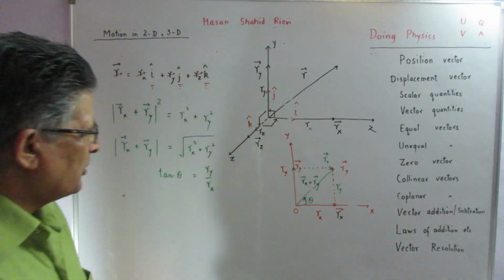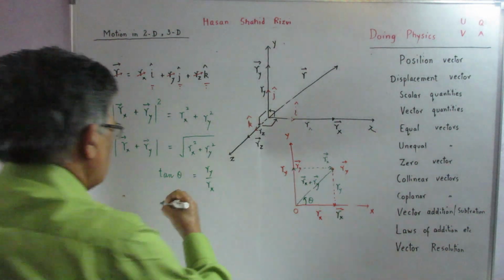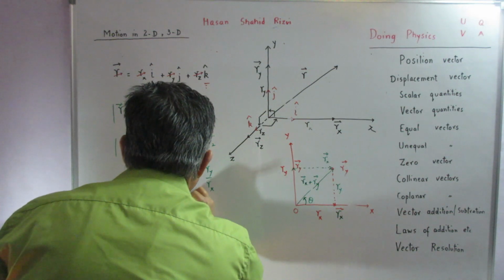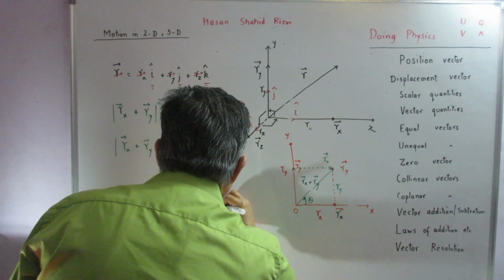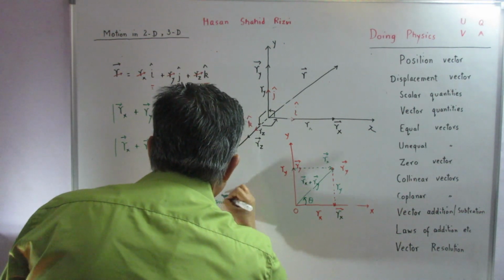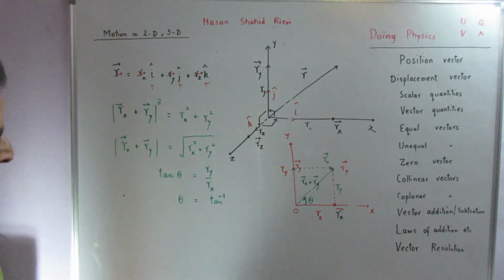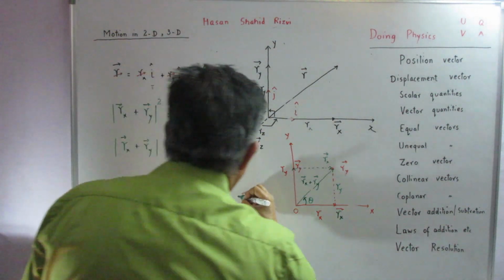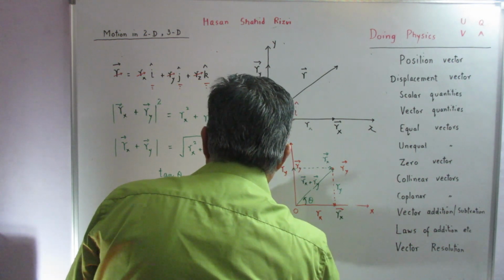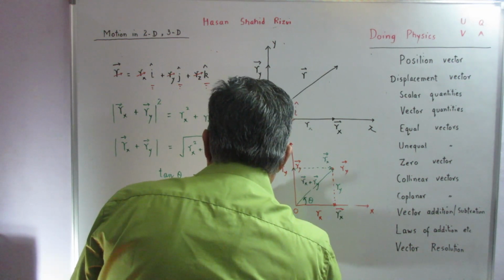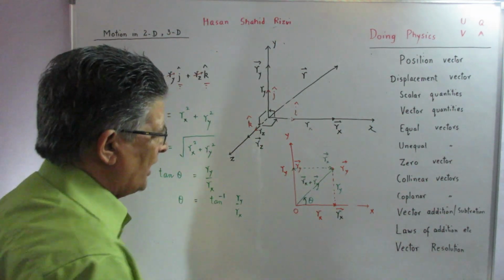So this is how we are going to specify the theta. Therefore my theta, the angle, is equal to tan inverse of Ry over Rx. So the angle theta has been described.